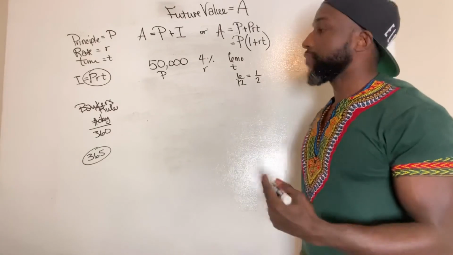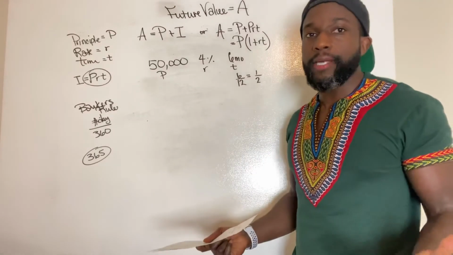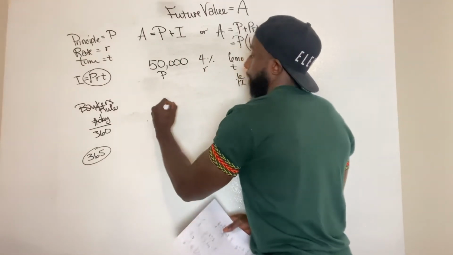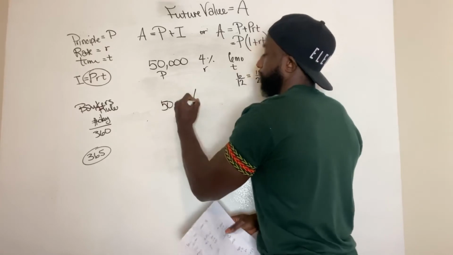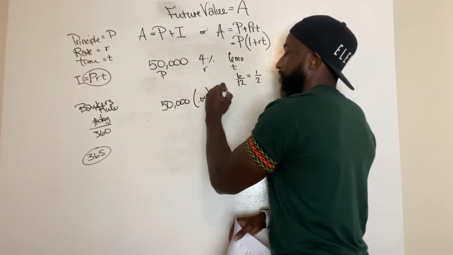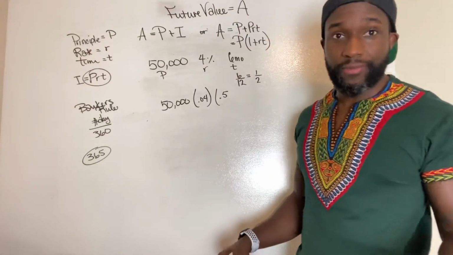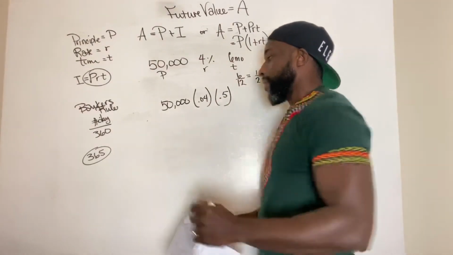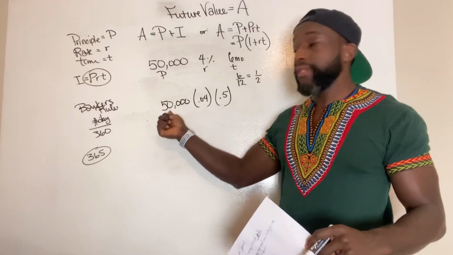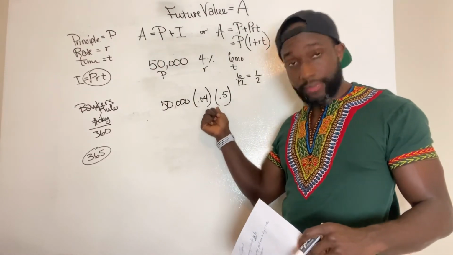All right. So the first thing you want to do is calculate what the interest is going to be. So it's going to be 50,000 times 0.04 times 1/2, 0.5. Is it safe to change 1/2 to 0.5? All right. So that's what we're doing, right? So it'll be 50,000 times this times that.